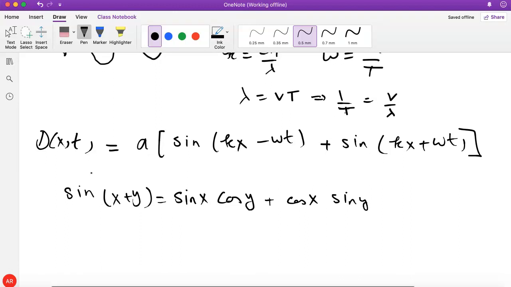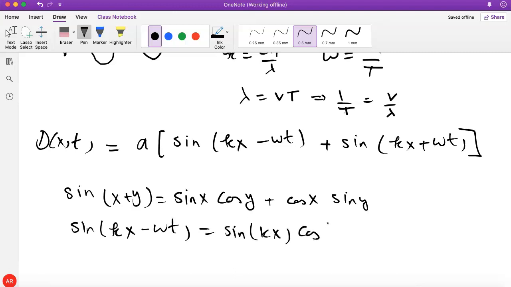Using this trig identity, we find sine of kx minus omega t is sine kx cosine of minus omega t, which is the same as cosine of omega t, plus cosine kx times sine of minus omega t, which is minus sine of omega t.